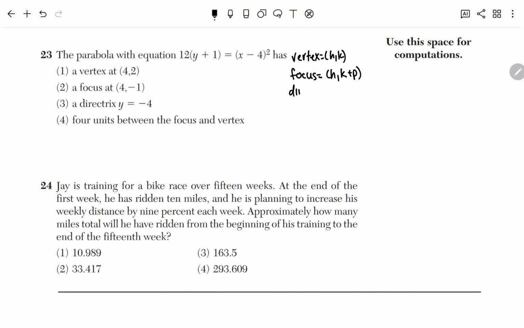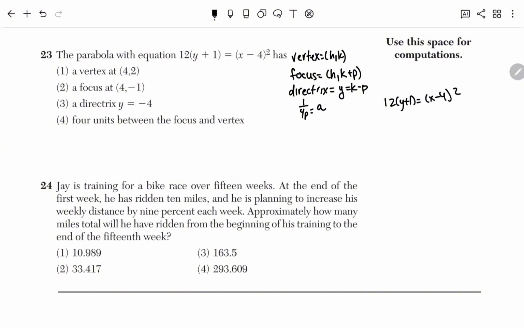Our directrix equals y equals k minus p. And our p is 1/4 p equals a. So we're given this equation, 12y plus 1 equals x minus 4 squared.